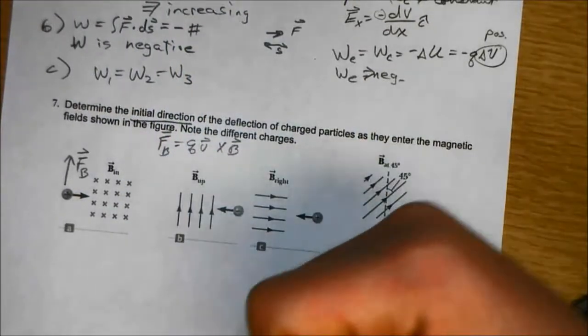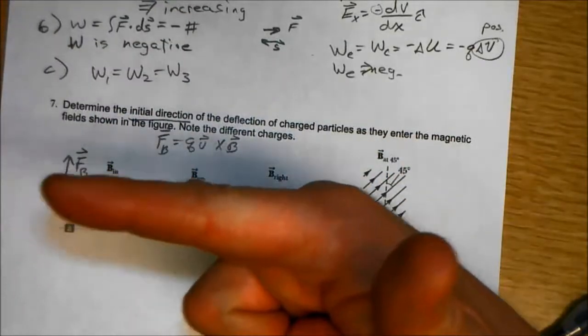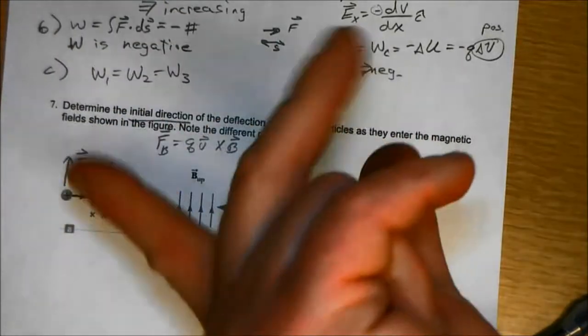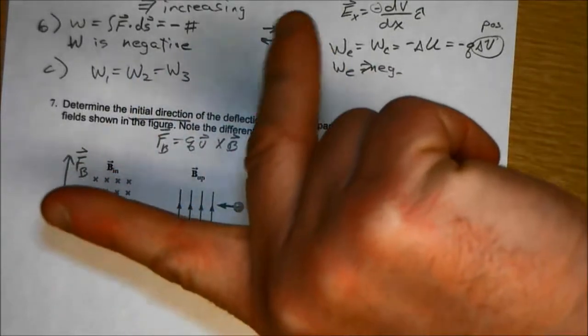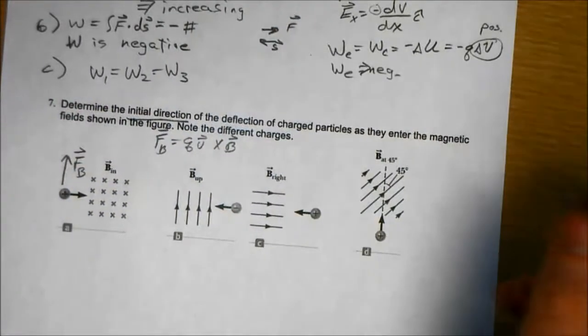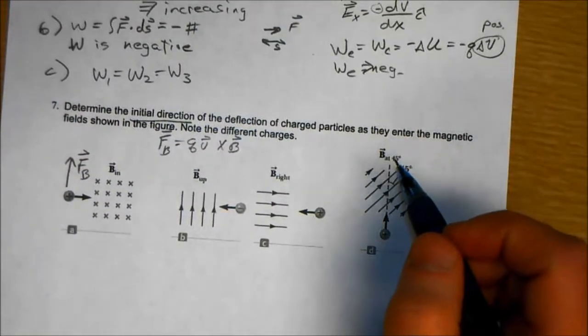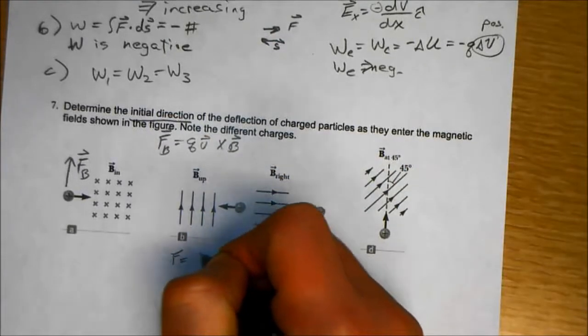Or using the two-finger, three-finger, I guess, method: velocity is to the left, the field is up, so my thumb points down into the page. So I could say that the force is into the page.